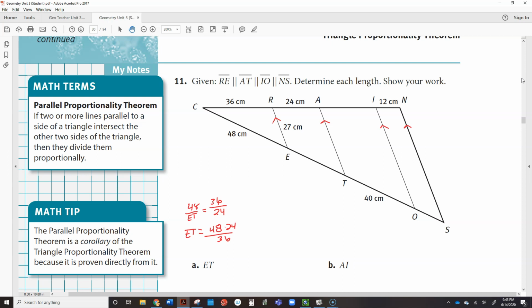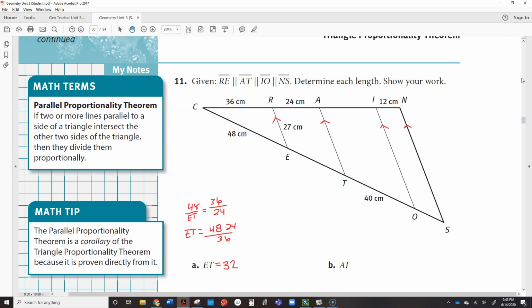If I had to do this by hand, I would simplify that 36 over 24, which would make my number smaller. But since I have a calculator, ET comes out to be 32.